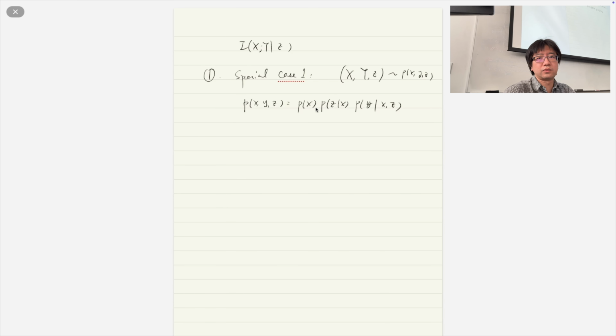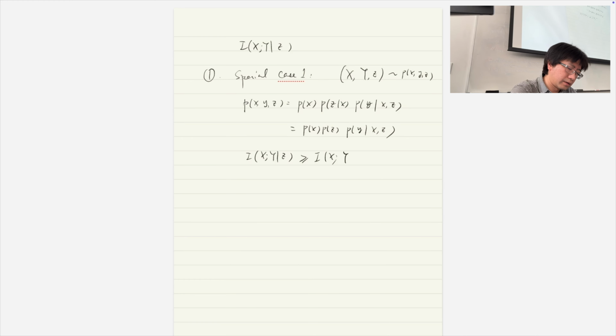Here we just use the Bayes rule twice, so nothing special on that. And if this and this are equal, it basically means X and Y are independent. And then we can say that this guy is bigger than or equal to this guy. So we showed that by just expanding it in two ways.